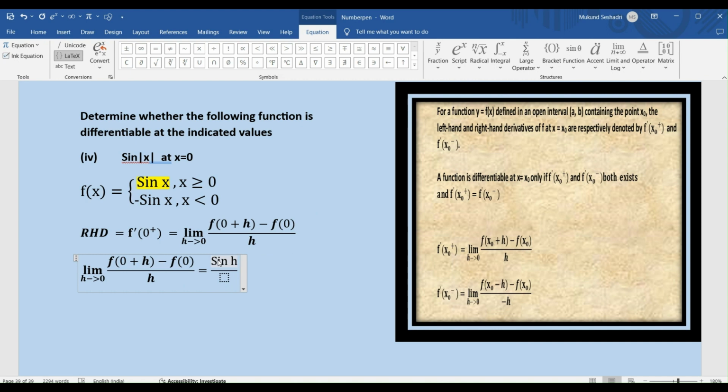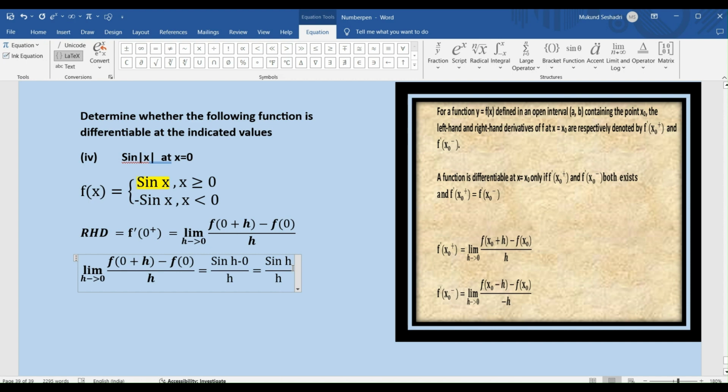And my second part of the numerator is f of 0, which is sine 0, which is nothing but 0. And I divide that by h. Now we are left with sine h by h, and in fact, this is the first formula under limits that we studied.